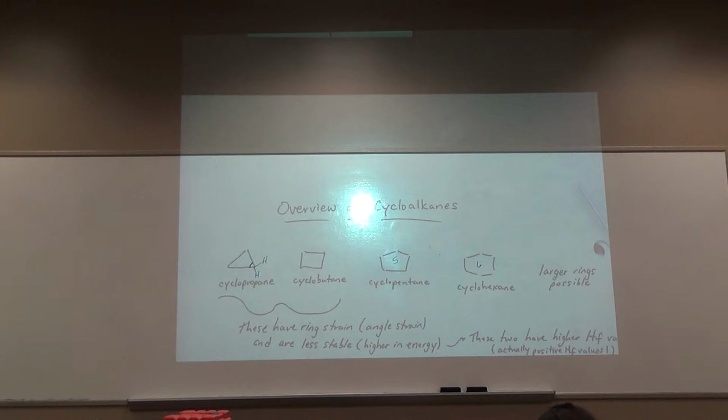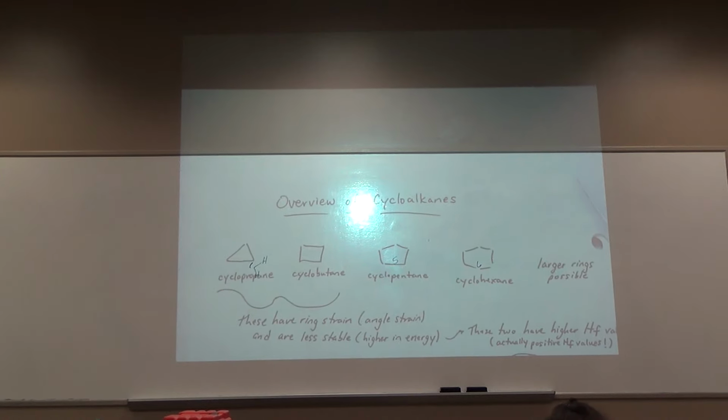What are your best size rings? 5 and 6. Today, and next March in organic 2, they'll still be the best size rings, okay? They have the best bond angles, more approximate to 109.5, which is the desired bond angle for sp3 carbons.